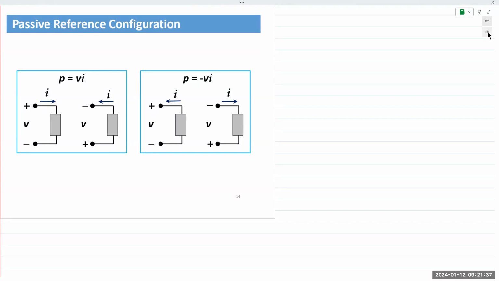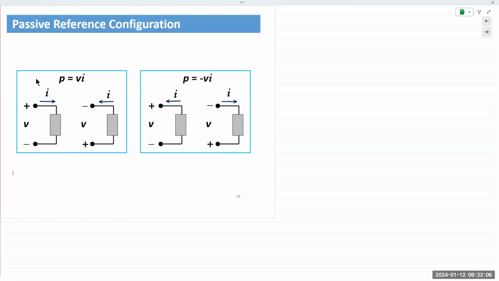So if you see this in a problem, whether this information is supplied to you or whether you're making an assumption is irrelevant. Once you have this information, meaning the polarity of the voltage and the direction of the current, now you decide what equation you need to use, based on these assumptions or information.